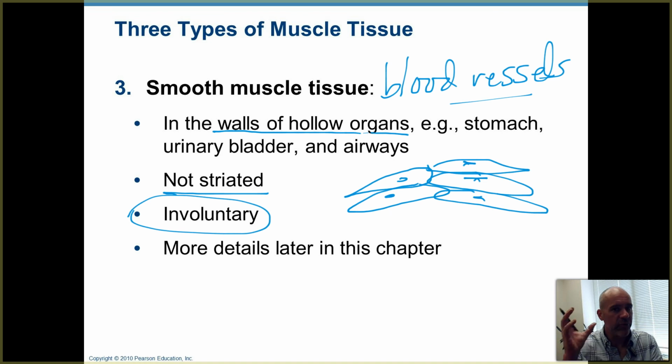How do blood vessels constrict? They do that because within the walls of those blood vessels, as thin as they are, you have smooth muscle tissue that's capable of contracting when needed to make the diameter of those blood vessels smaller. That helps increase blood pressure, or it'll cut off the blood supply to parts of the body where you don't want blood flowing.